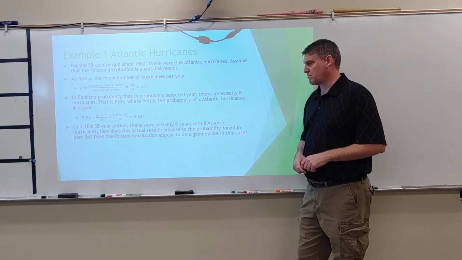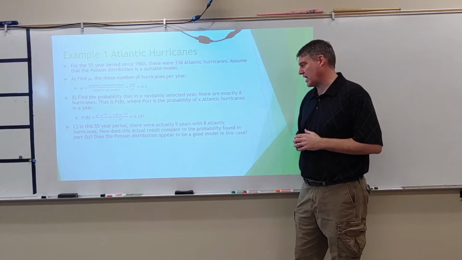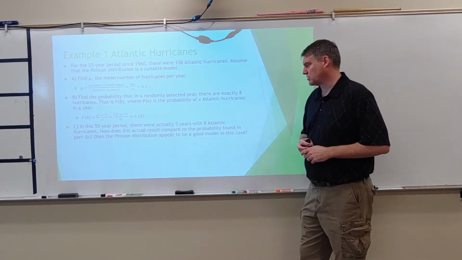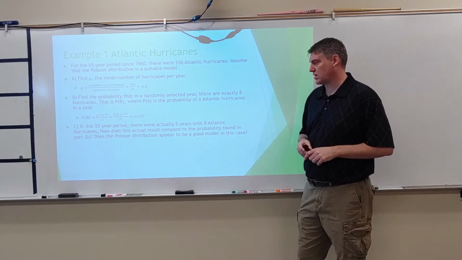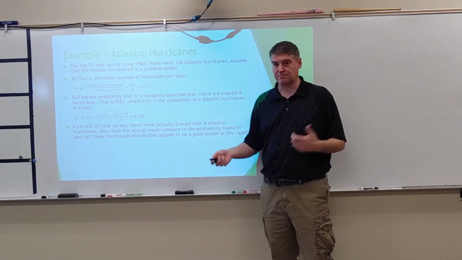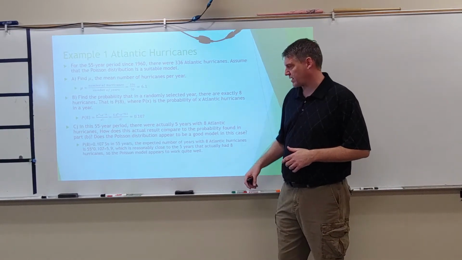In this 55-year period, there were actually 5 years with 8 Atlantic hurricanes. How does this actual result compare to the probability found in part B? Does the Poisson distribution appear to be a good model in this case? So how many would we expect?